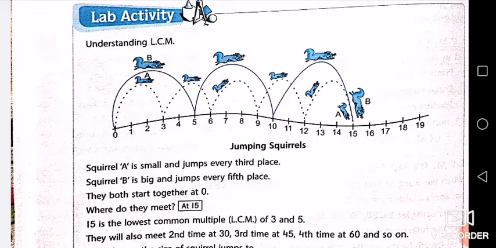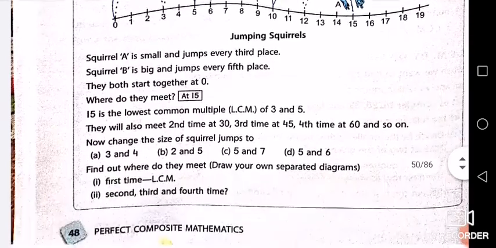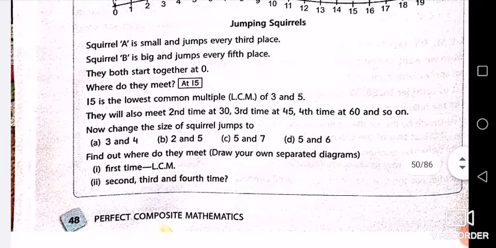Now the second time they will meet at 30, because that is a multiple of 15, then 45, then 60 and so on. Now change the size of the squirrel's jumps.